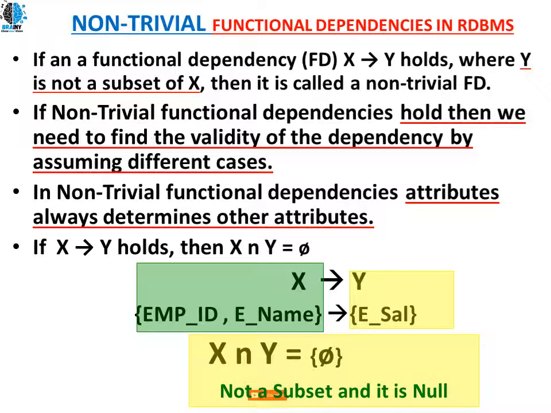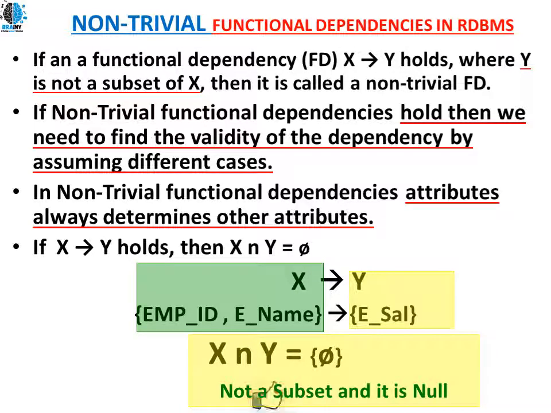If you see the second point in this PPT, non-trivial functional dependency holds the validity case. If it is going to hold, then we need to find out whether this type of case exists or not. If it is existing, which type of dependency is it going to reflect? In the third point, in non-trivial functional dependencies, an attribute always determines other attributes.